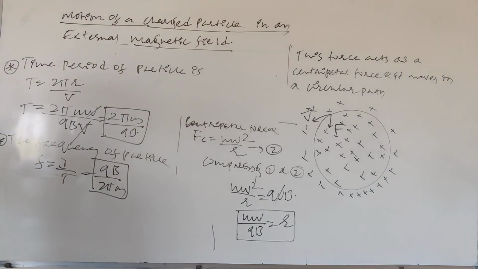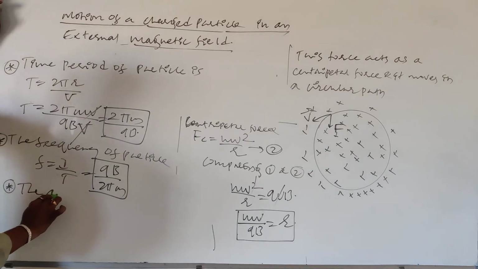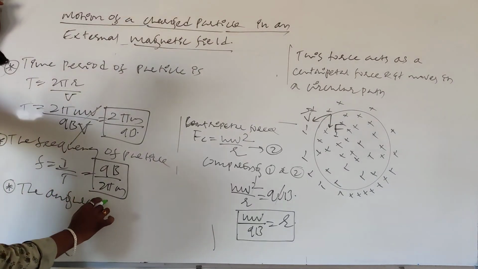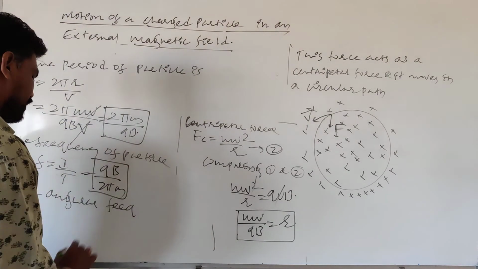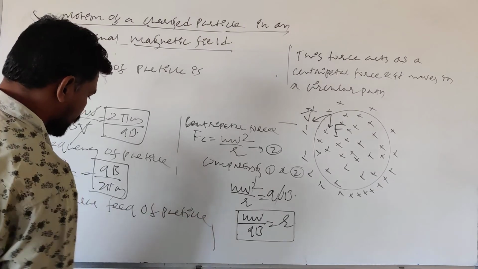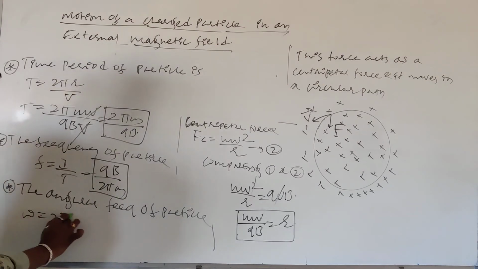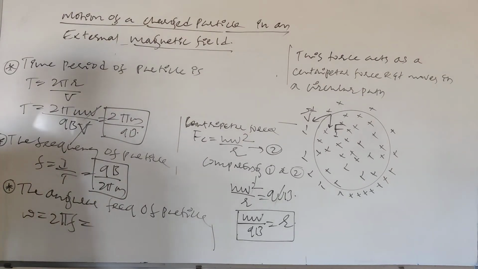Then our third one, the angular frequency of the particle. Angular is omega. Omega is equal to 2 pi f.